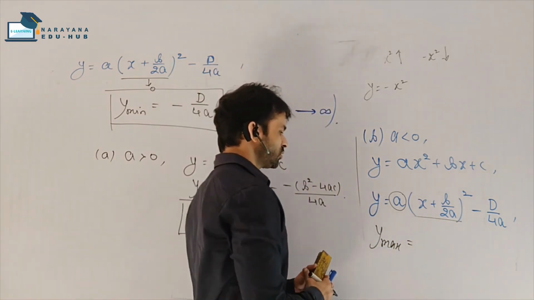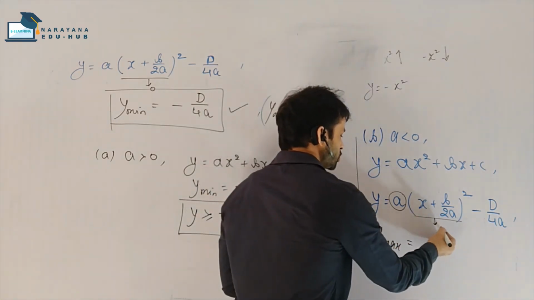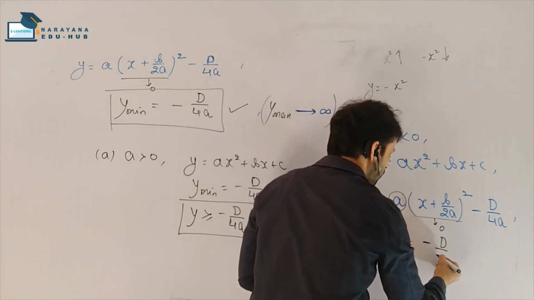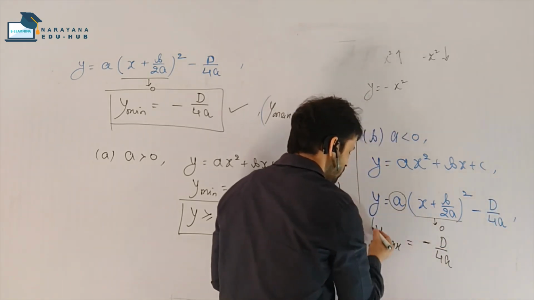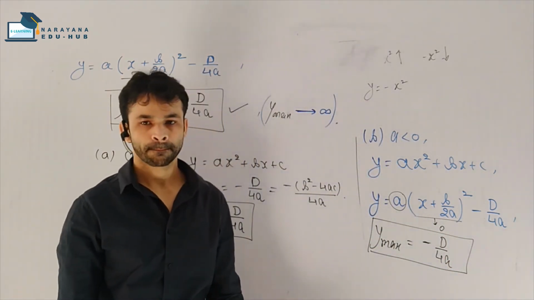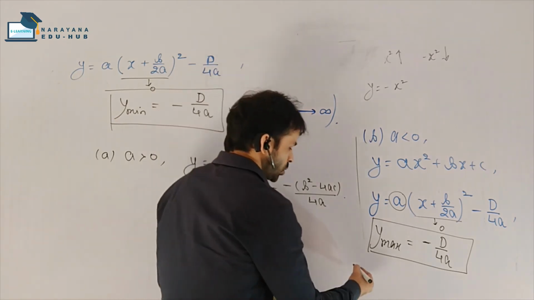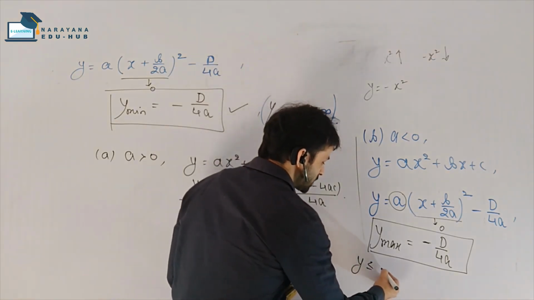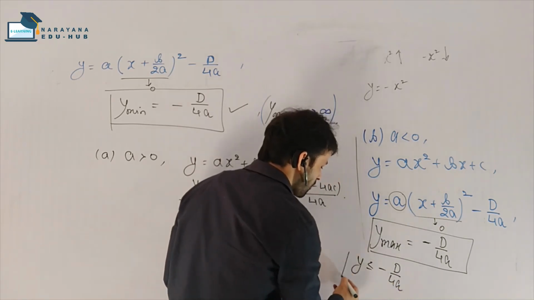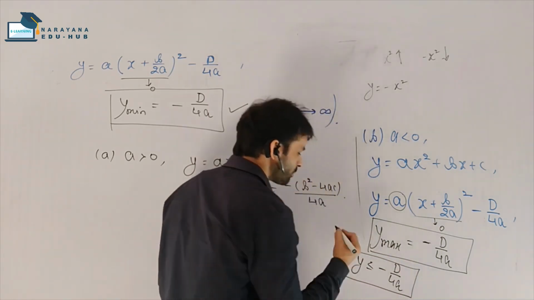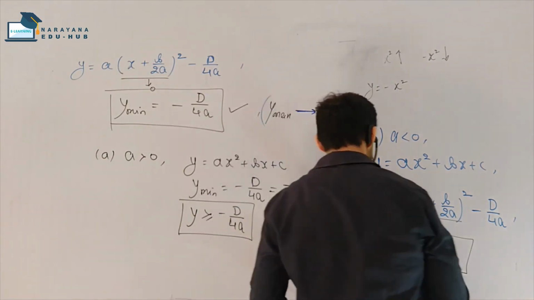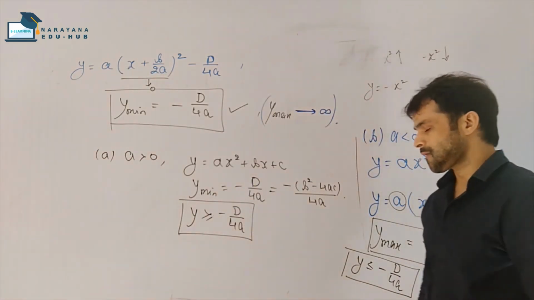So the maximum value of y will be, you put 0 here, what you will get? Minus d by 4a. So now this is the maximum value of y, which means y is less than or equal to minus d by 4a. The opposite will happen, so it's very easy to remember.